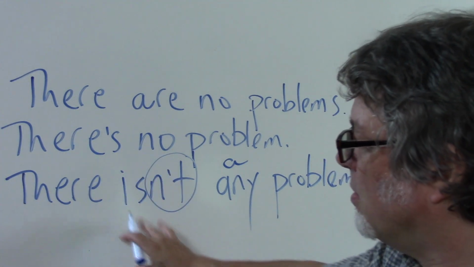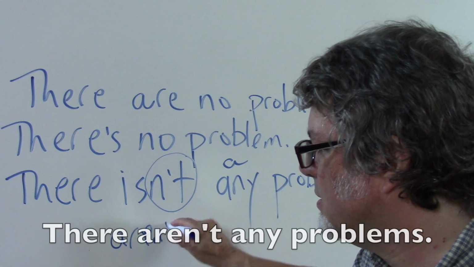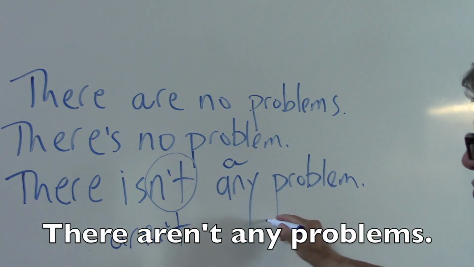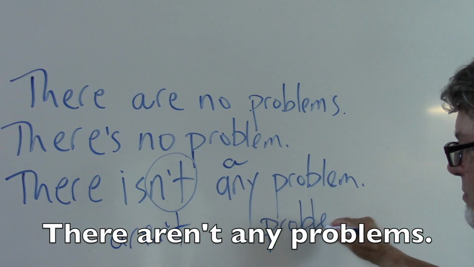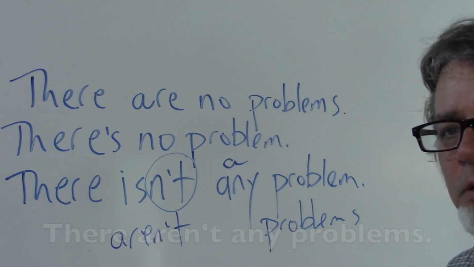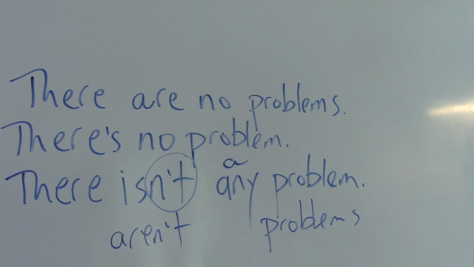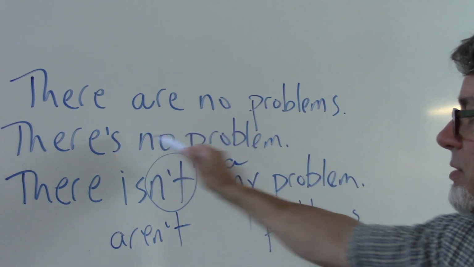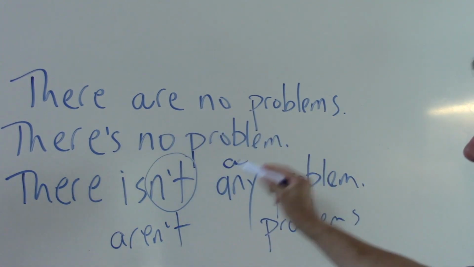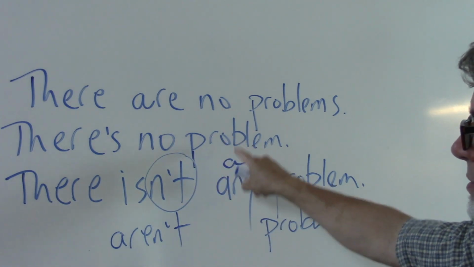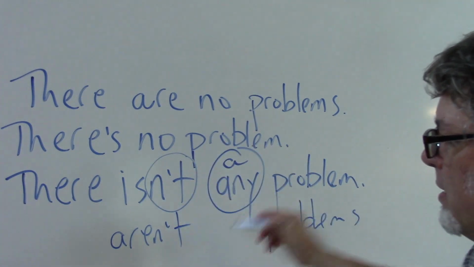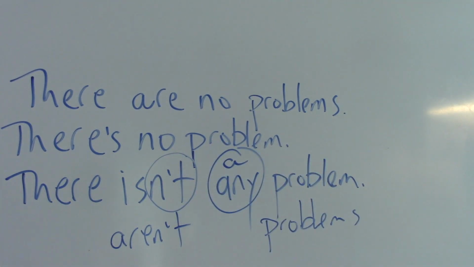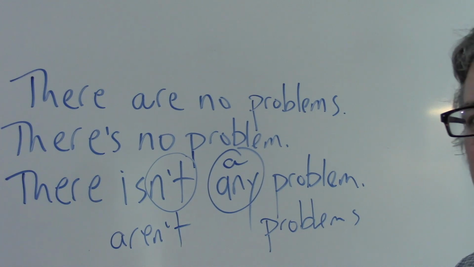Or I can make this plural. There aren't any, and then this would just be problems. There aren't any problems. So again, there are no problems. There's no problem. But if I use not, then there's usually going to be an article or an adjective afterwards.